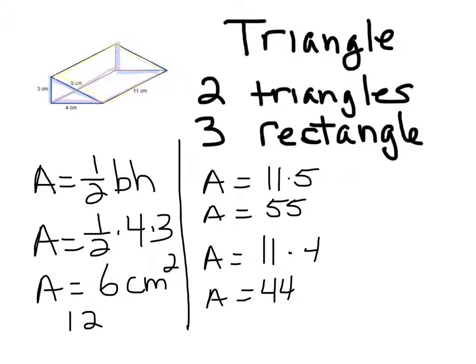Finally, I'm going to do my side rectangle. I'm going to highlight this side rectangle in red, and it's right over here. And the length and width of that side rectangle, its area is 3 times 11, which is 33. My last step is to add up all of my areas.